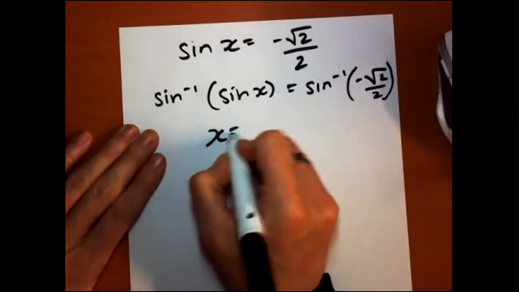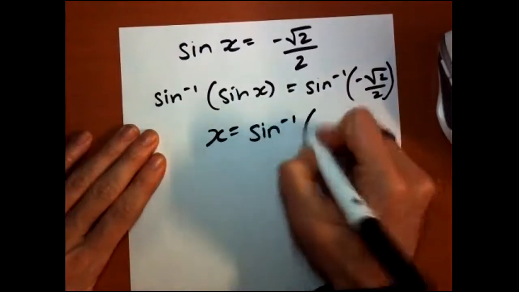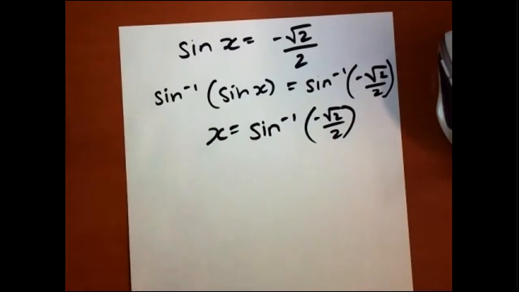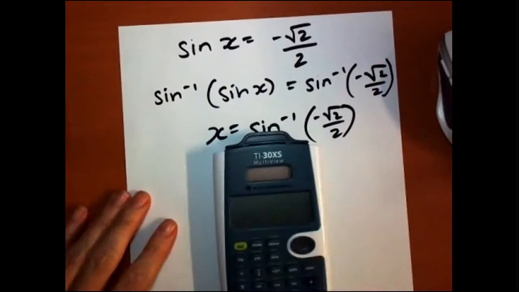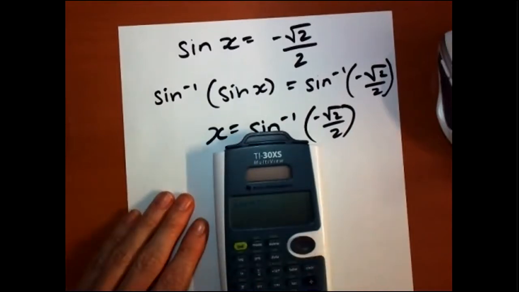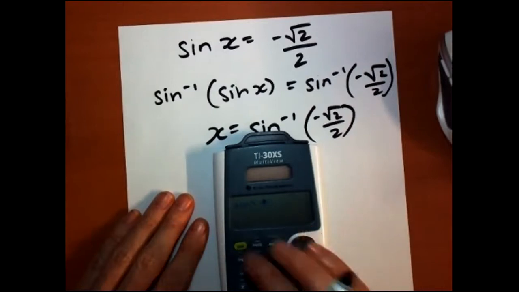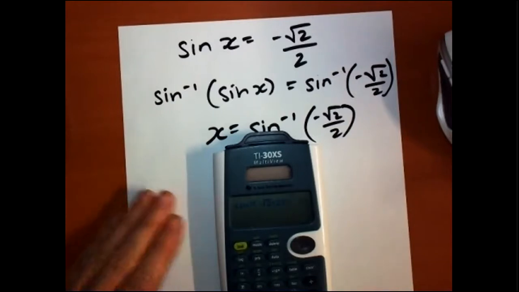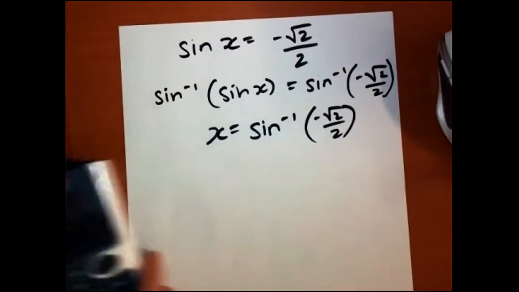So we get x equals sine inverse of negative square root of 2 over 2. And what do I get when I plug that into my calculator? Inverse sine of negative square root of 2 divided by 2. Love it, negative 45 degrees.